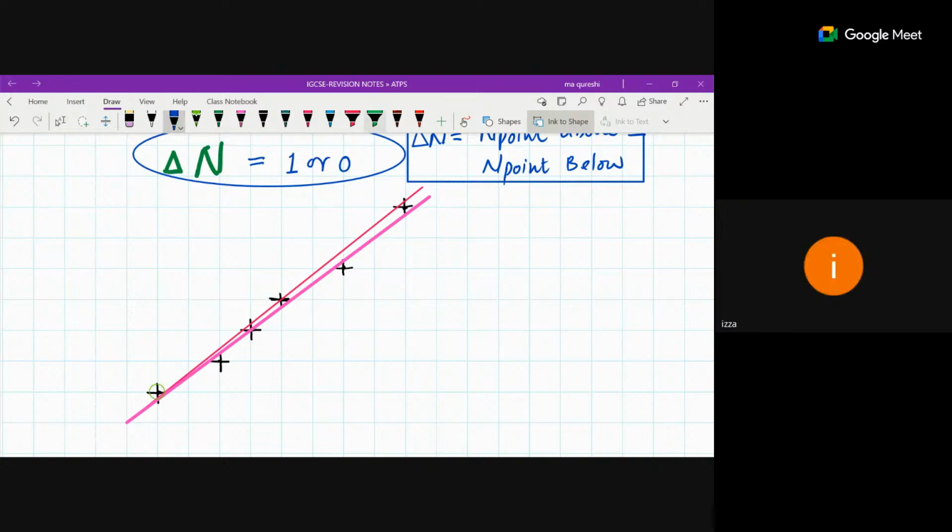Okay. Just a second. 1 point above, 1 point below. Two above, two below. Three above and two below. So that can be a best fit line. Okay. Are you getting my point? Yes. Okay.